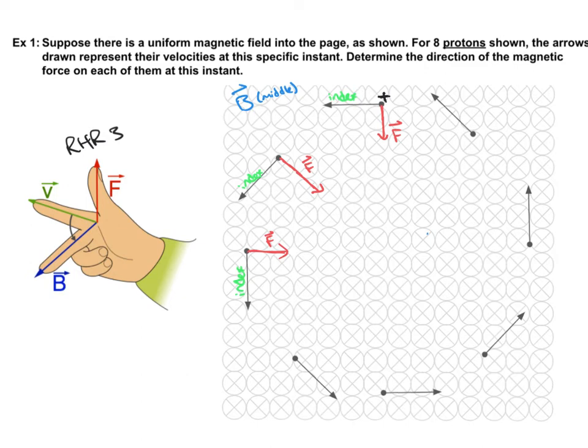I'm not actually going to do the right-hand rule for the rest of these particles. I'm going to just draw what I think the pattern is. I think they all point towards the center of, what shape are we talking about here?